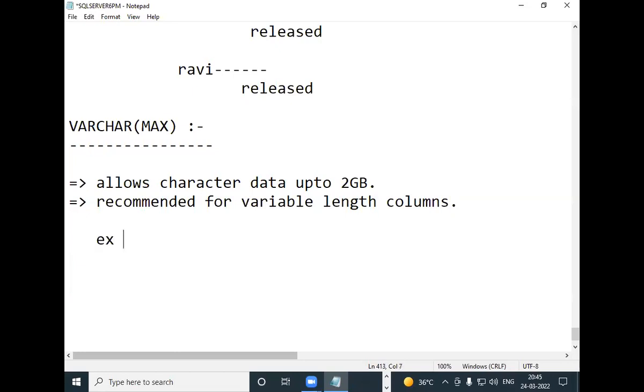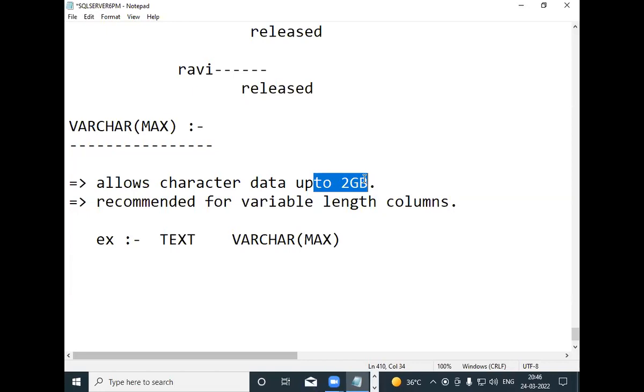Example, if I want to store some text, declare varchar of max. If you declare varchar of max, we can store text up to 2 GB. So we can store a huge amount of text, something like Wikipedia, which contains a huge amount of text.